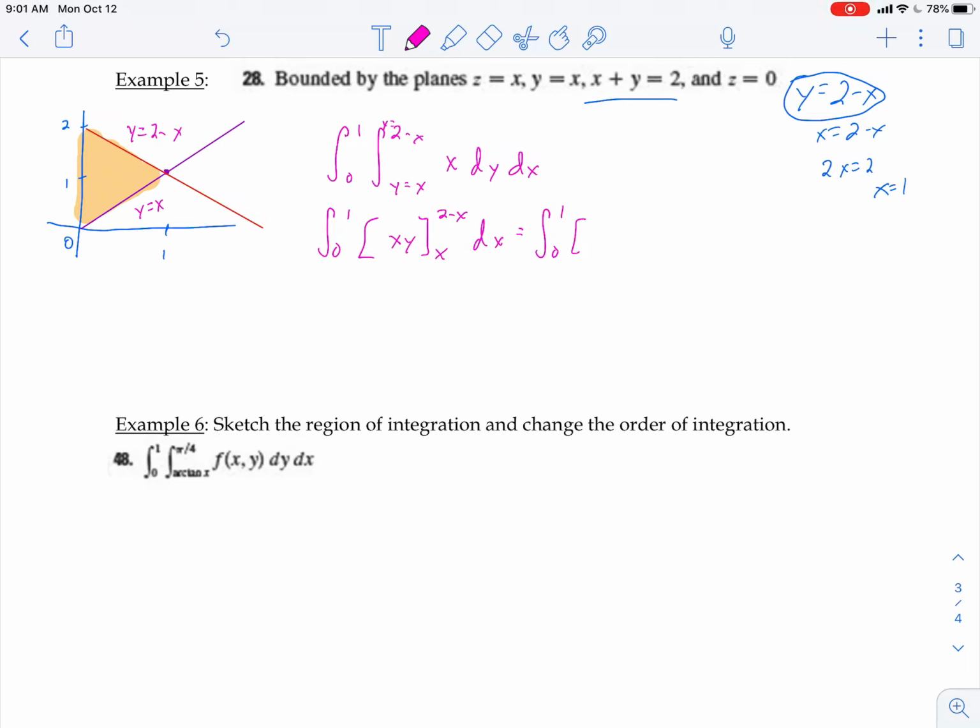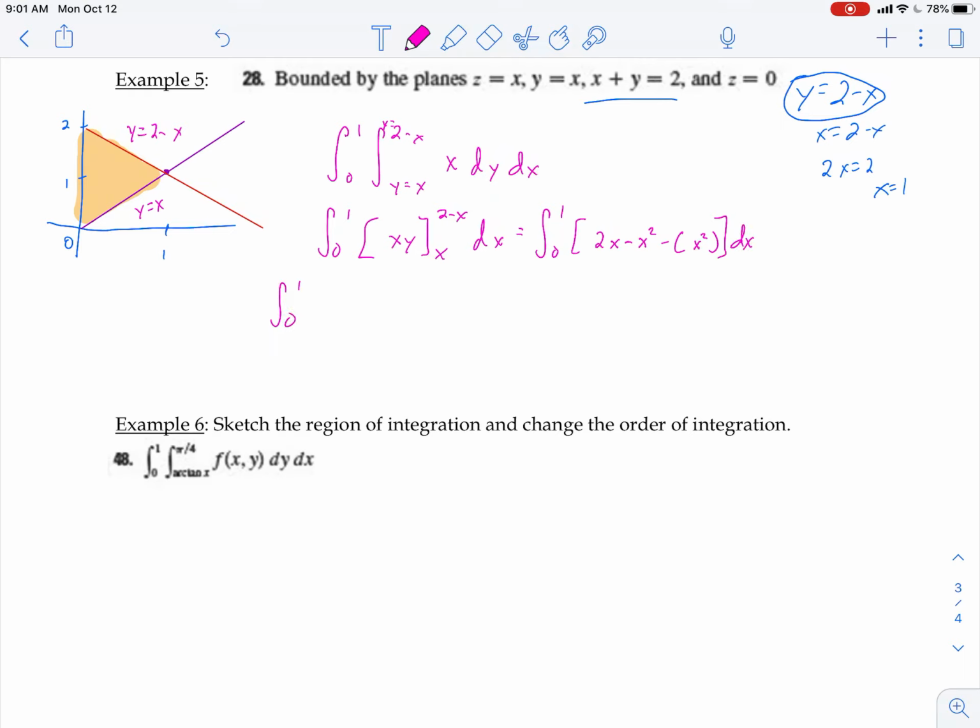We're going to have 2x minus x squared minus, plug in x squared, dx.